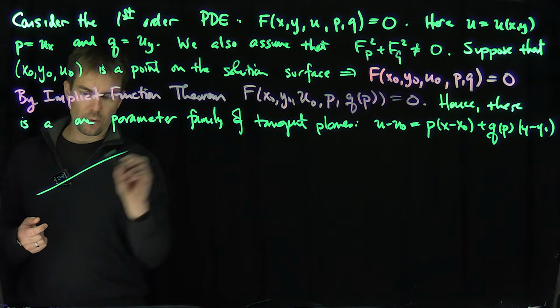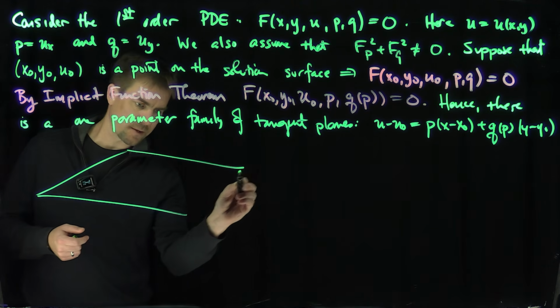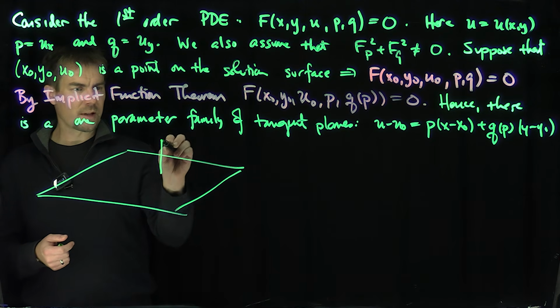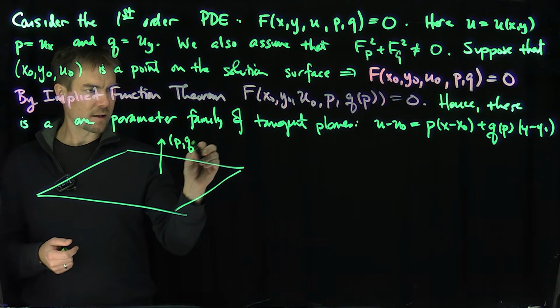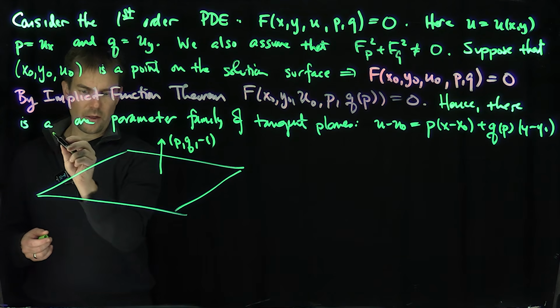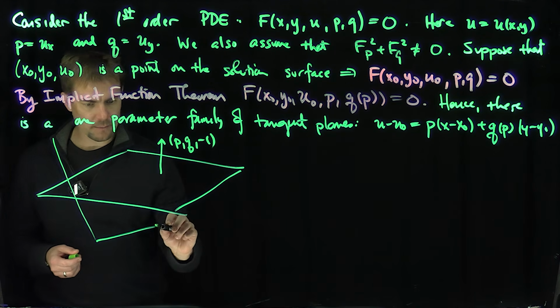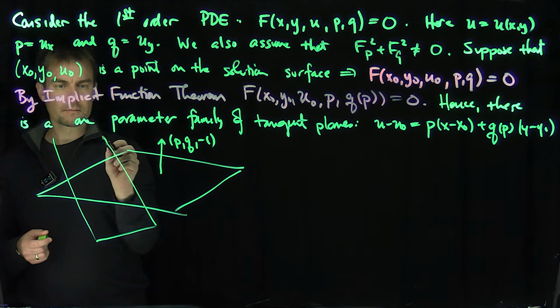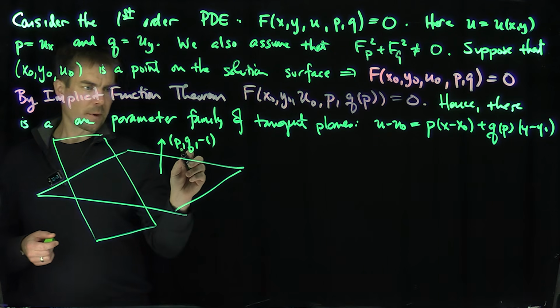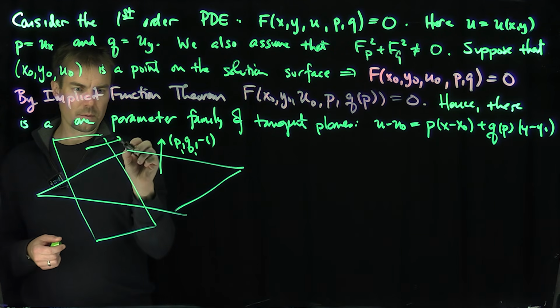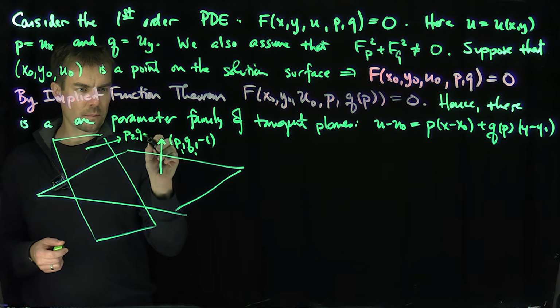So what's going to happen is we have a whole collection of different planes. Here's a plane, and the normal vector of that plane would be p, q, -1. You might get another plane in that one-parameter family, like that, with normal vector p1, q1, -1, and another with p2, q2, -1.